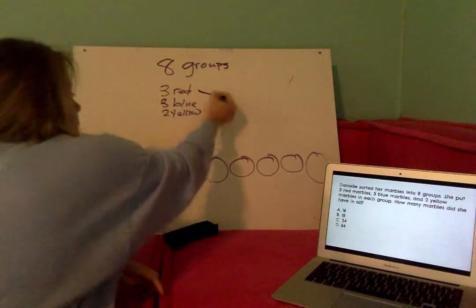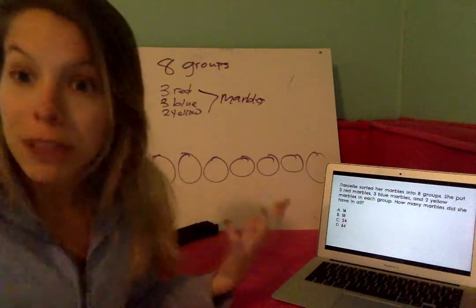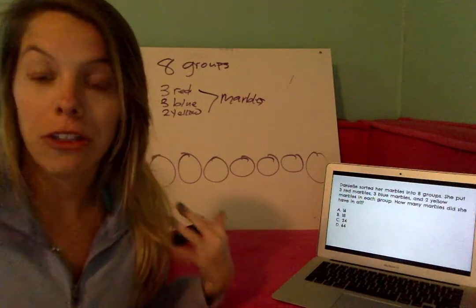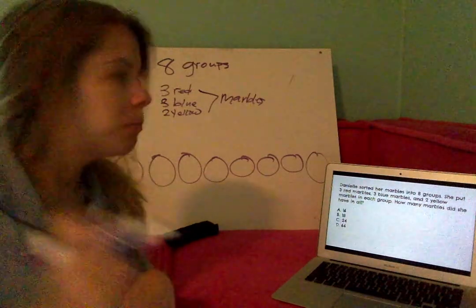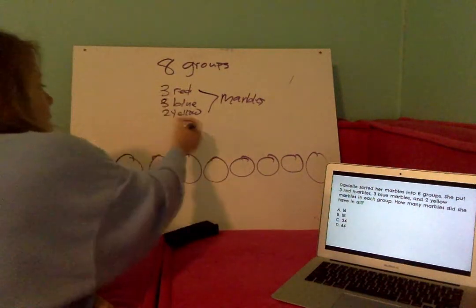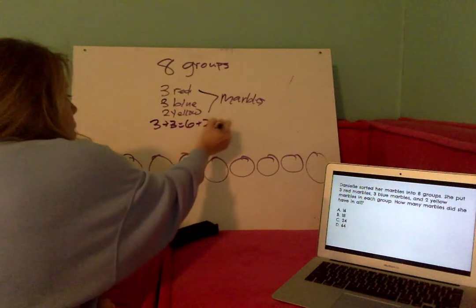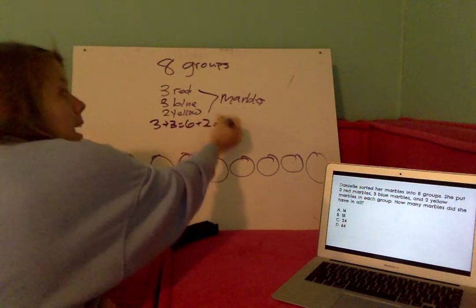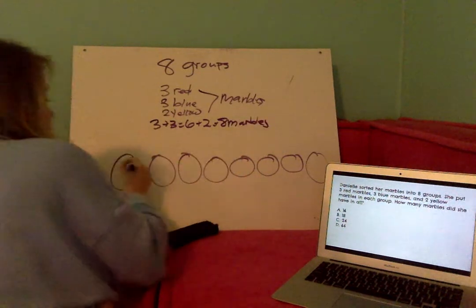Well, we all know that these are marbles, but they're just different colors, but they're all marbles. So if they're all the same, what can we do to them? Add them. So I'm going to do 3 plus 3 is 6, plus 2 equals 6 plus 2 is 8. So we know that there are 8 marbles in each.